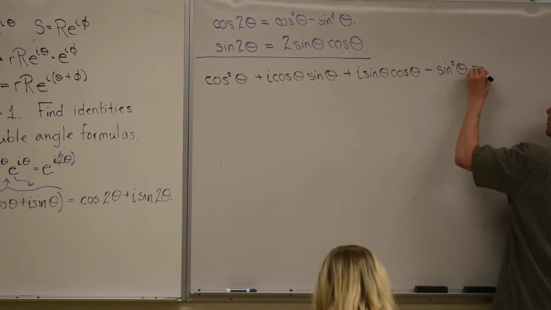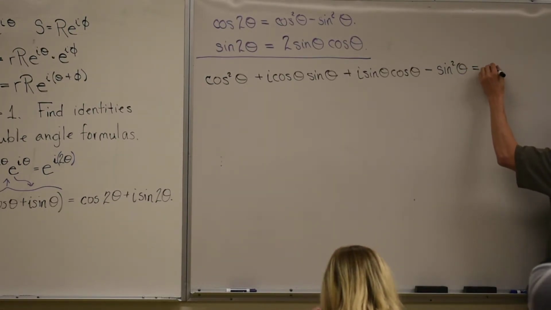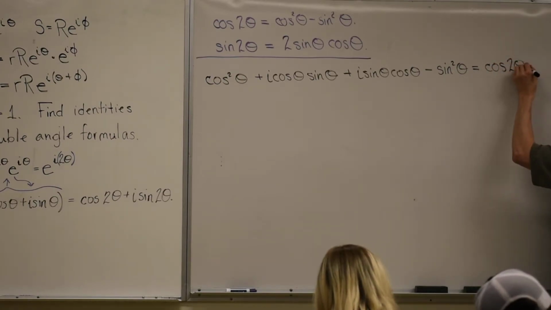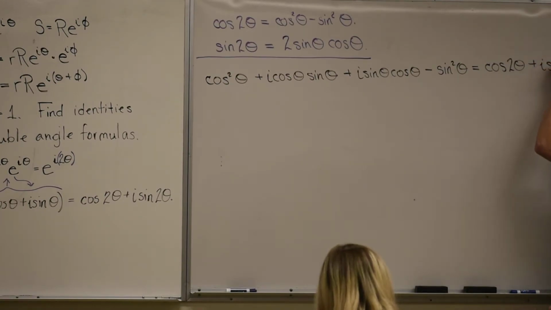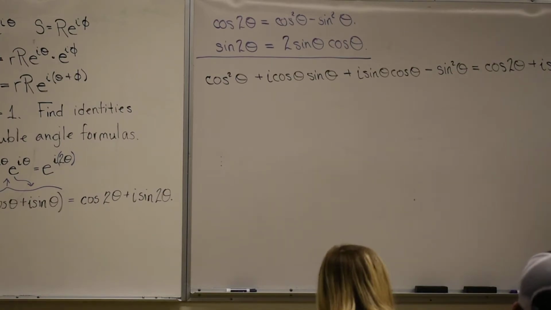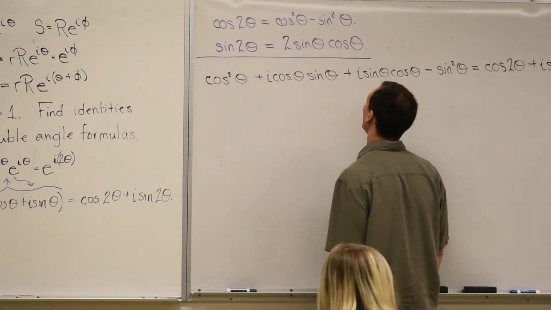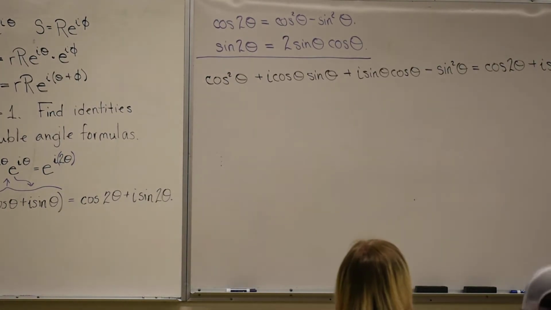And then I'm going to leave the right-hand side as it is, but I'll write it so we have it on this board. It's still the cosine 2 theta plus i sine 2 theta. Oh, wait a minute. This is a complex number now, isn't it?